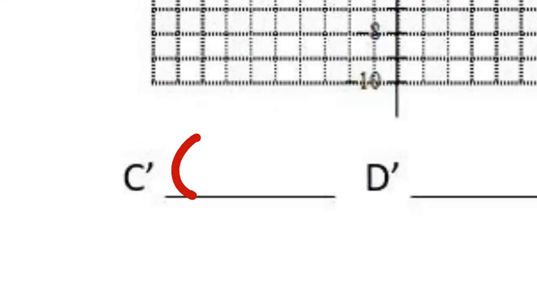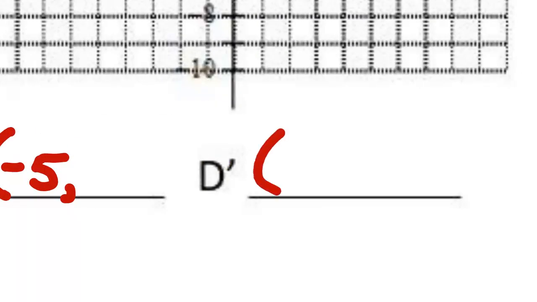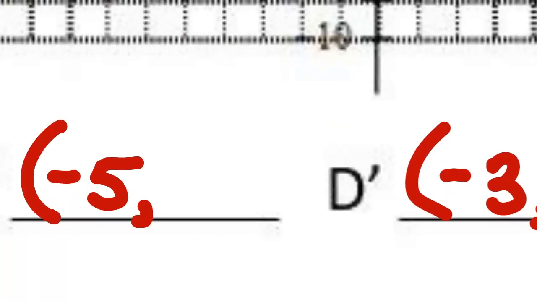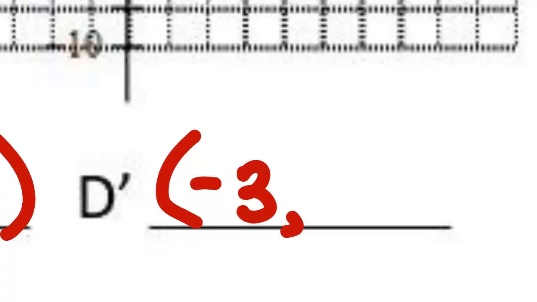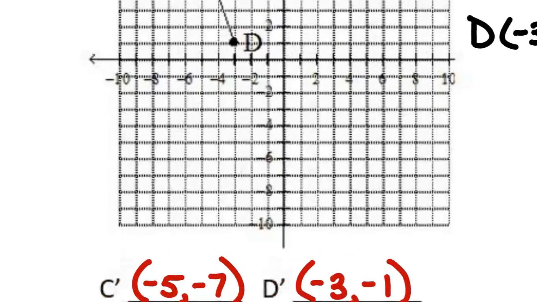So in C prime, my x will still be -5. And in D prime, my x will still be -3. The y components of these ordered pairs are going to change signs. So since this 7 here is positive, in C prime, that's going to become a -7. In point D, the y part is 1. So in D prime, it's going to change sign to become -1.